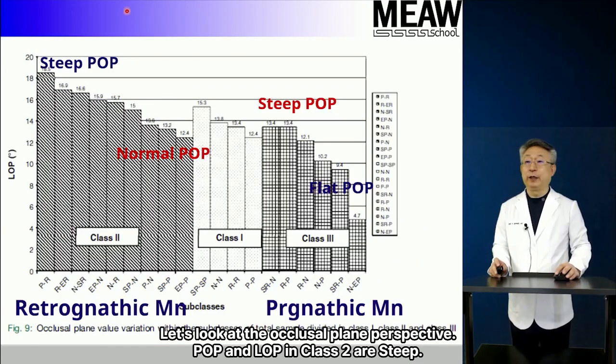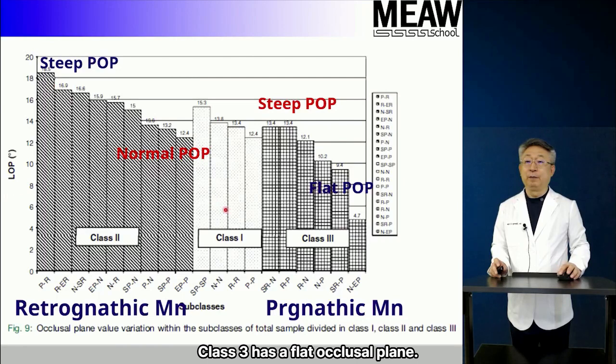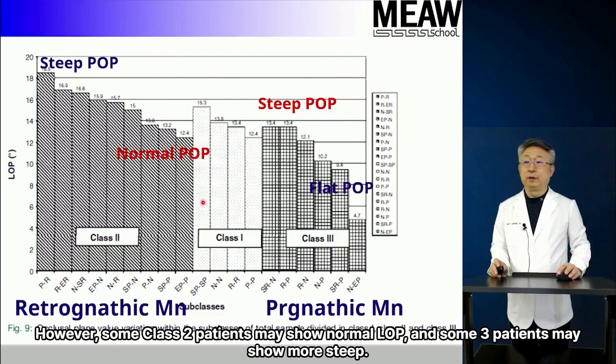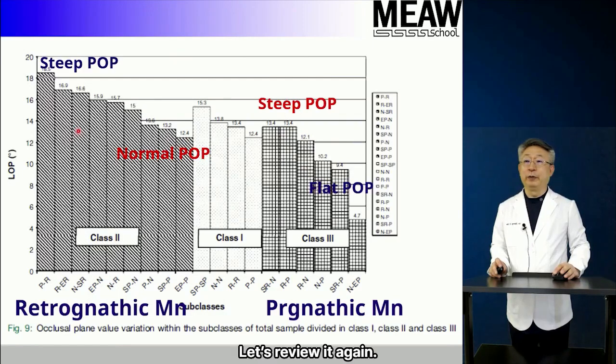Let's look at the occlusal plane perspective. POP and LOP in Class 2 are steep. Class 3 has a flat occlusal plane. However, some Class 2 patients may show normal LOP, and some Class 3 patients may show a steeper one. Let's review it again.